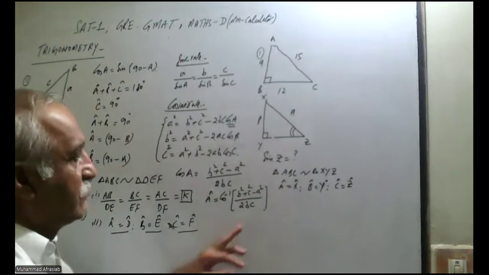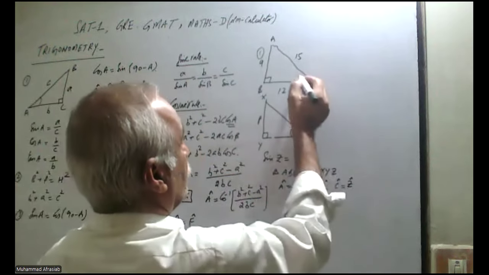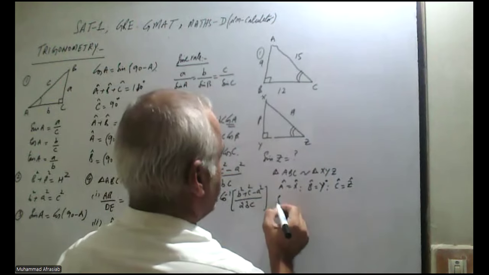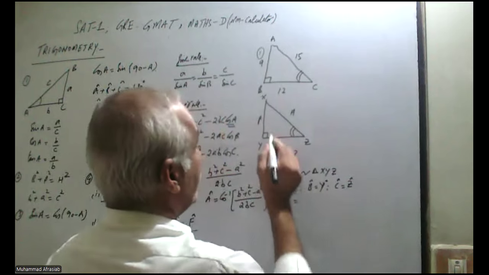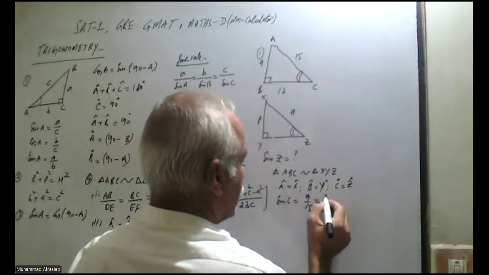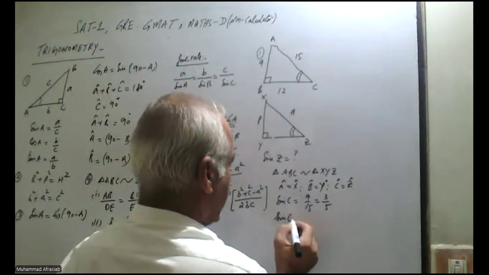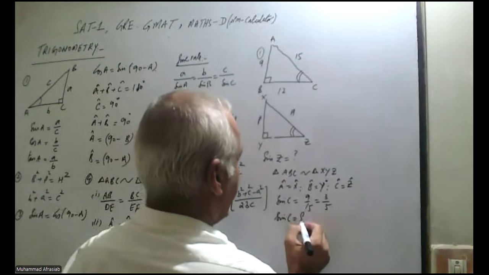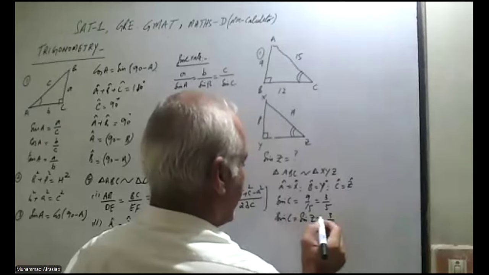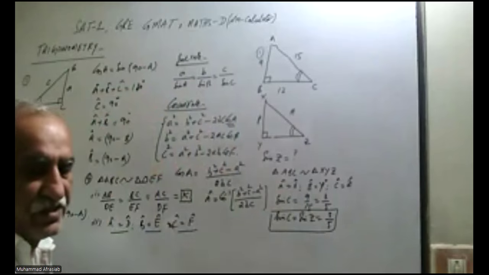Because Z is similar to C, sine of C is equal to 9 over 15, which is equal to 3 by 5. So sine of C is equal to sine of Z, and that value is 3 by 5. So this is the choice out of those four in this question.